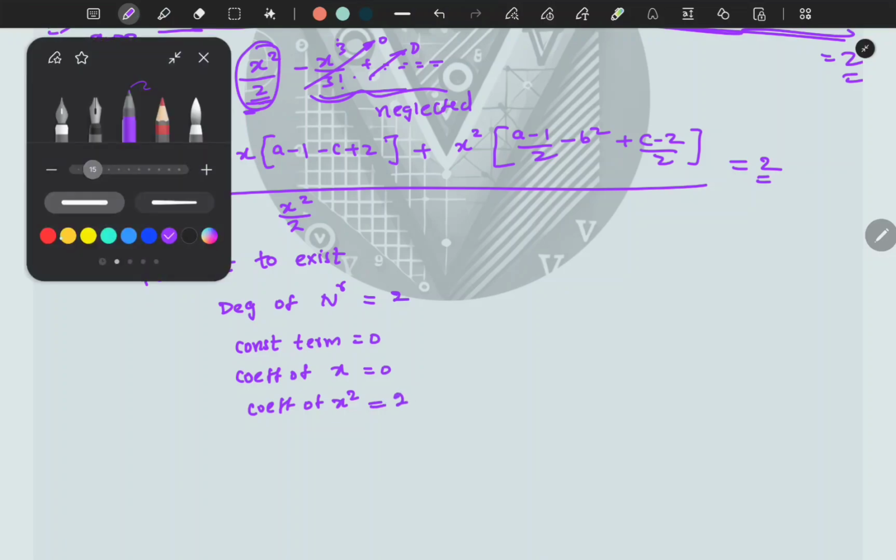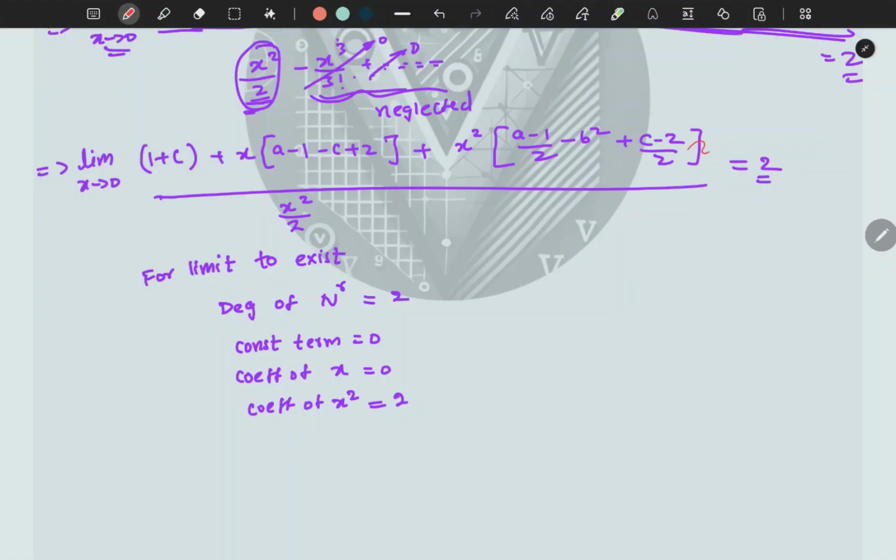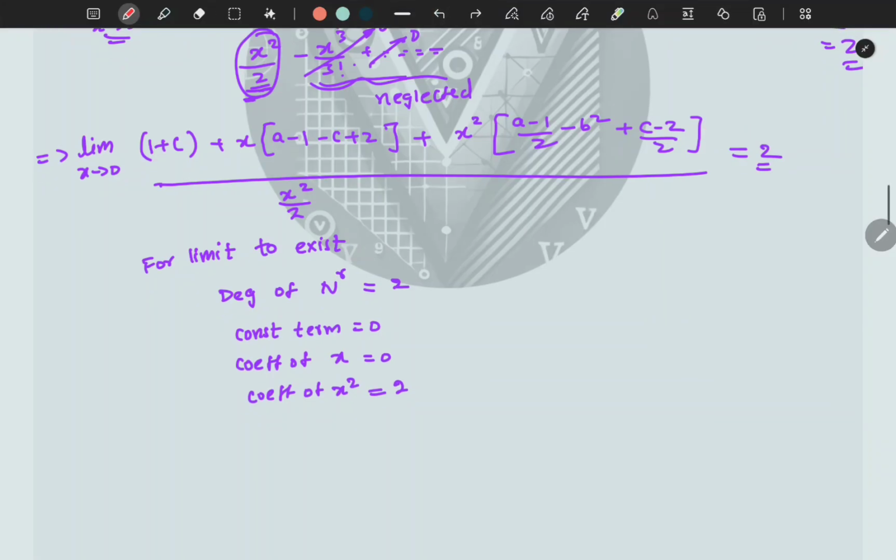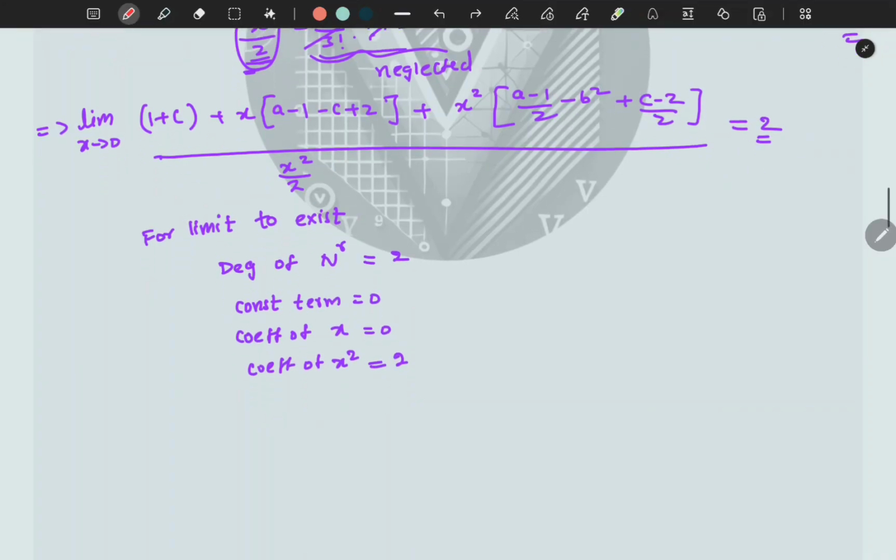Yes, I hope that is clear, right? For example, if you write the x cube term and so on, what will happen is x cube divided by x square will be x, and limit x approaches to 0, x will be 0, right? Even if you write x cube and so on, the terms will be approximated to 0 because x is approaching 0. I hope you are with me.